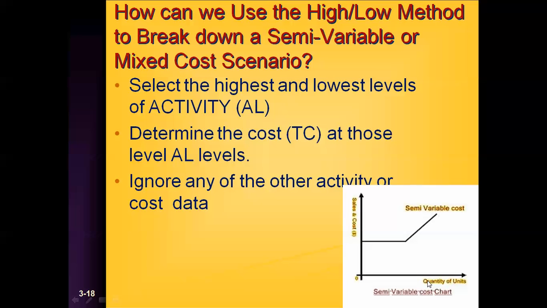Okay, college accounting scholars, now that you're experts on fixed costs, variable costs, and semi-variable or mixed costs, we're now going to apply your knowledge to these particular costs, and we're going to use some of your algebra that you have learned in your previous math classes.